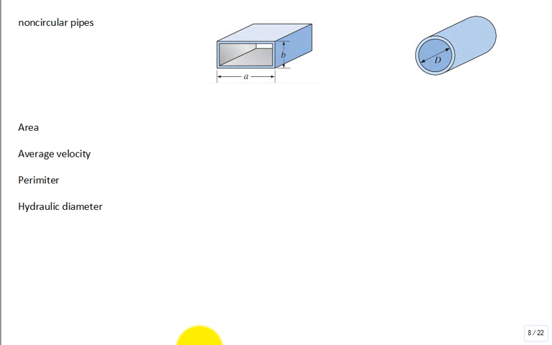How about non-circular ducts or non-circular pipes? Well, compare it to the circular. And there's multiple of these. Here's a circular. This is, let's say, not a square, but a rectangular duct. First of all, what is the area for the rectangular? Is it A times B? What is it for the circular pipe? Is the area pi d squared over 4?